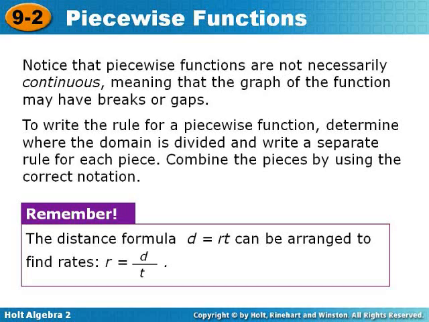It might appear to have gaps. To write the rule for a piecewise function, determine where the domain is divided into segments and write a separate rule for each segment or each piece. I want you to pause this video now, and I want you to watch Berger show you example 4, and then I will also go over that with you.